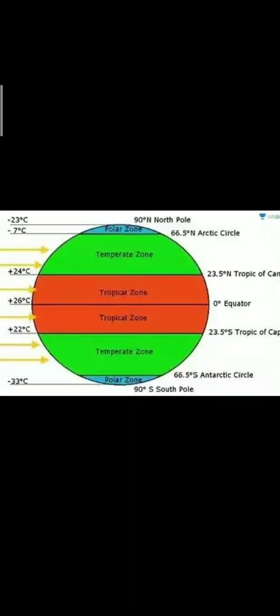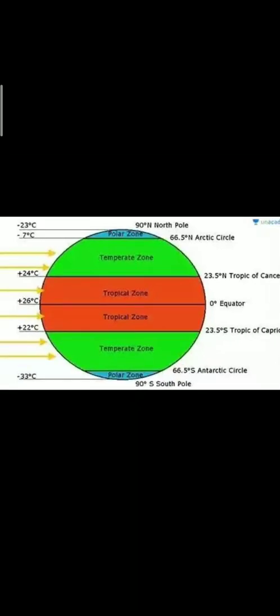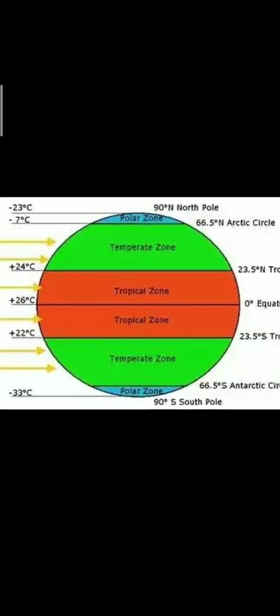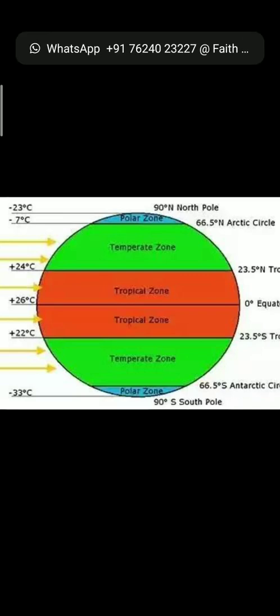Understood? So which are the three types of zones? The red one, here it is written tropical, but we will read it as torrid zone. So the three zones are torrid zone, temperate zone, and frigid zone.